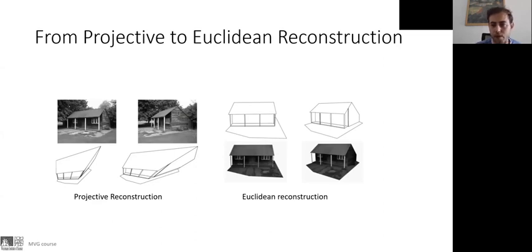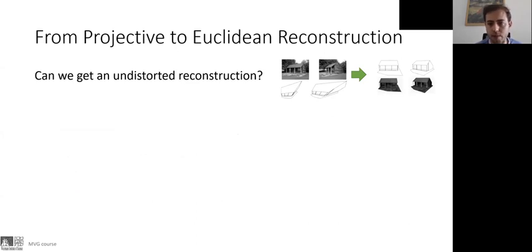For Euclidean reconstruction, the only ambiguity is a similarity transformation that depends on the coordinate system: the general scale, general rotation, and general translation. So that's what we have now. And the question is, how can we go from a distorted reconstruction to an undistorted reconstruction?